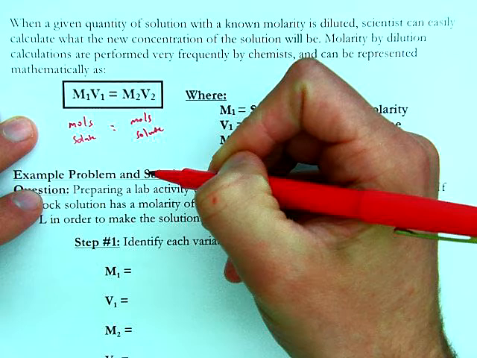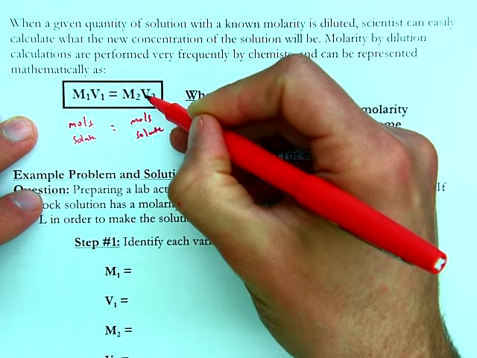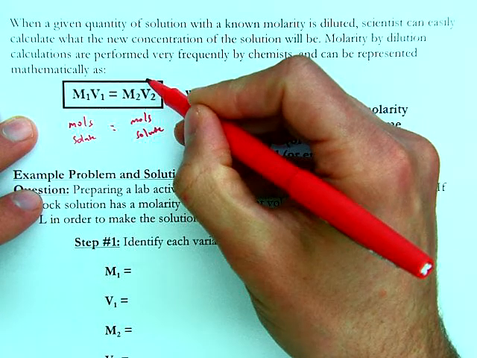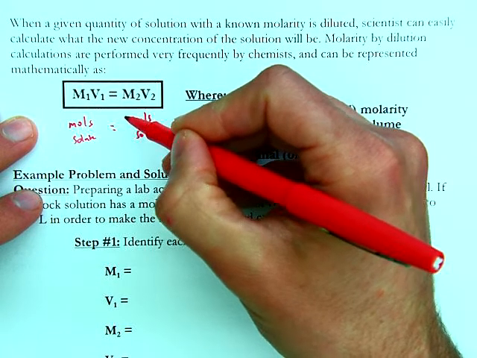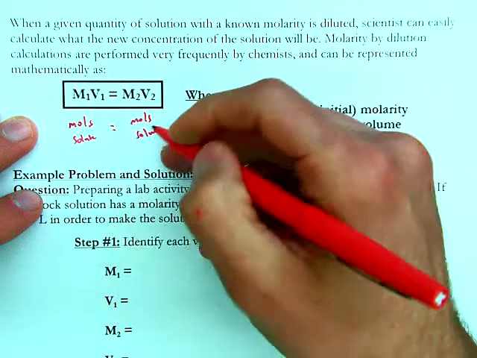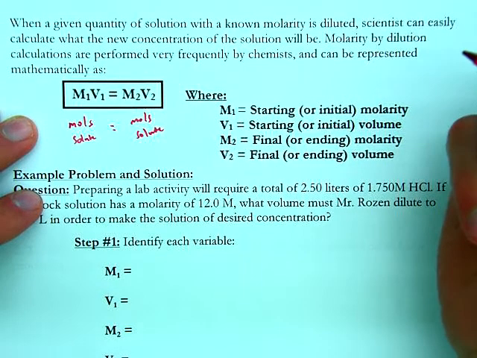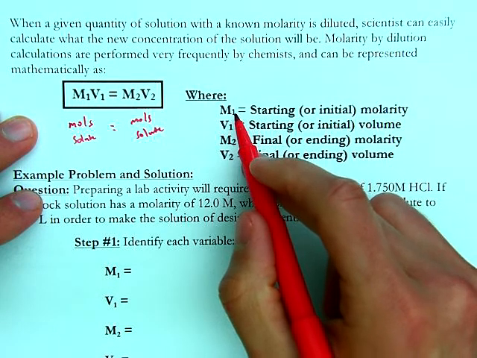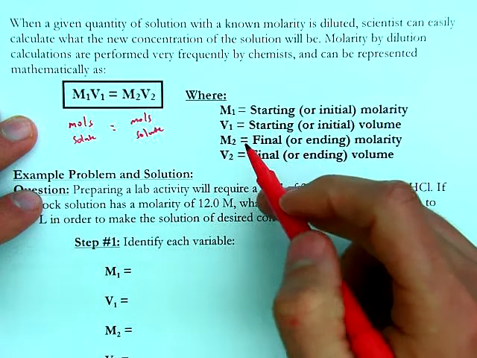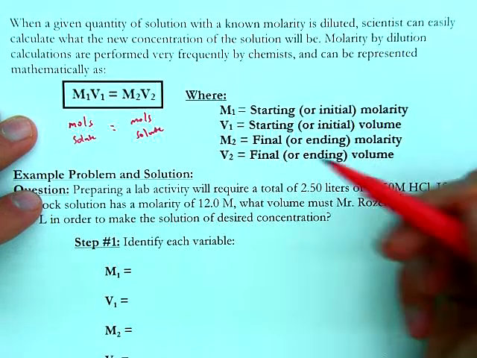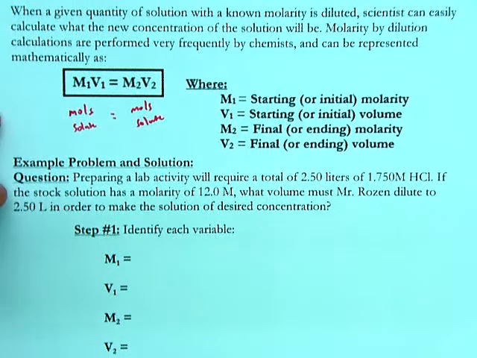That's not changing when you dilute it. So even though the volume goes up, that means the molarity is going to go down. If one goes up, the other goes down. But the number of moles of solute stays the same because you're just adding water to it. All right, so the M's are molarity and the V's are volume of solution, and the 1's are starting conditions and the 2's are ending conditions.